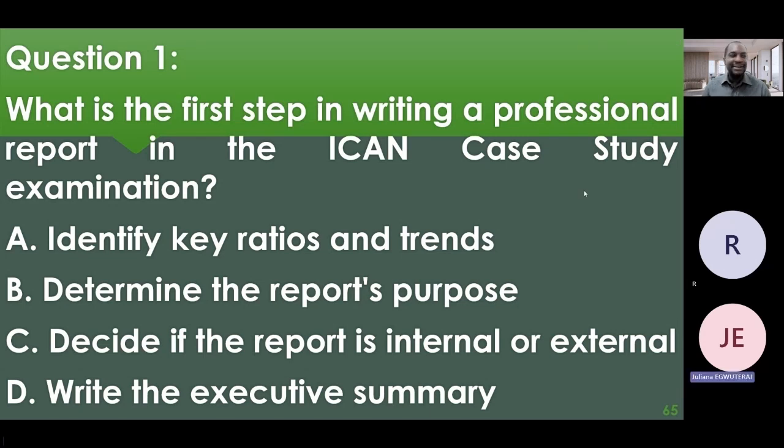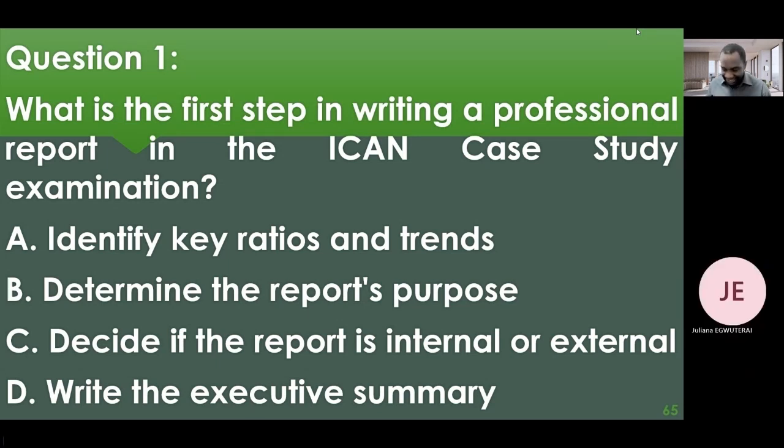Okay, so let's go. Judgment day, number 1. What is the first step in writing a professional report in the ICAN case study exams? Number 1, identify key ratios. Julie has not even waited for the options, she's already picking.